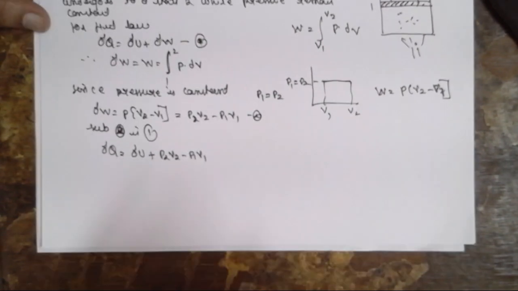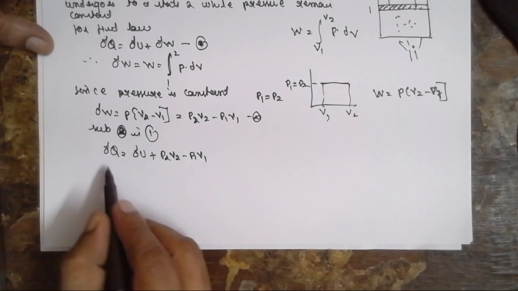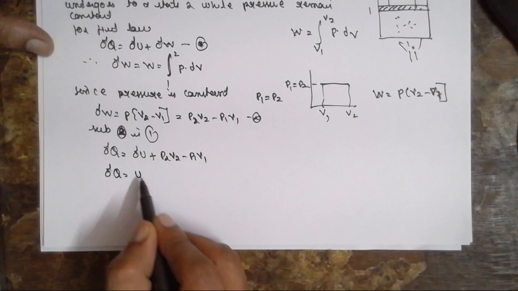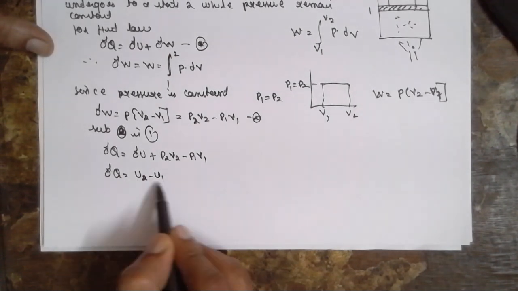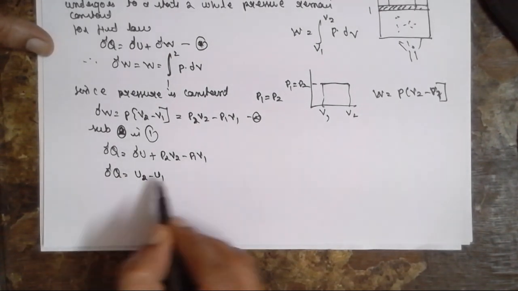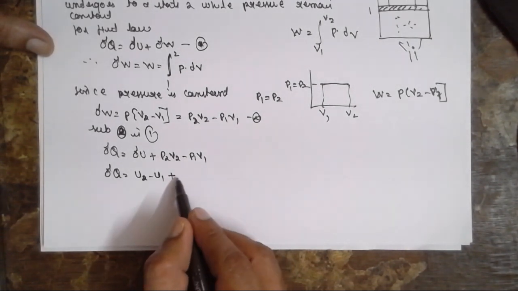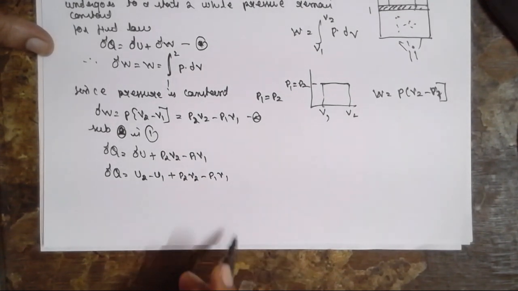The change in internal energy delta U we can write as U2 minus U1, plus P2 V2 minus P1 V1.